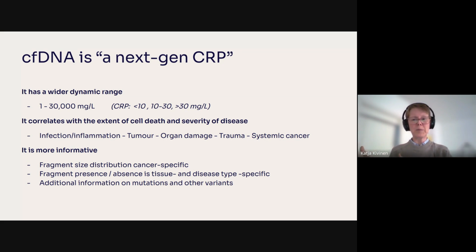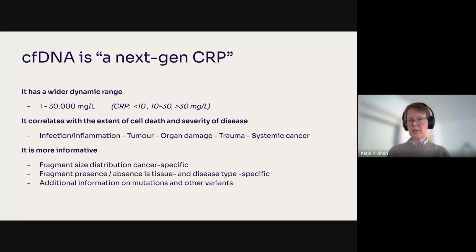So it could be inflammation, autoimmune disease, or something else. So the fragment size distribution will be very skewed in cancer. Also, if we start looking at the contents of these fragments, we can then find out which tissue they come from, sometimes which disease they are related to.